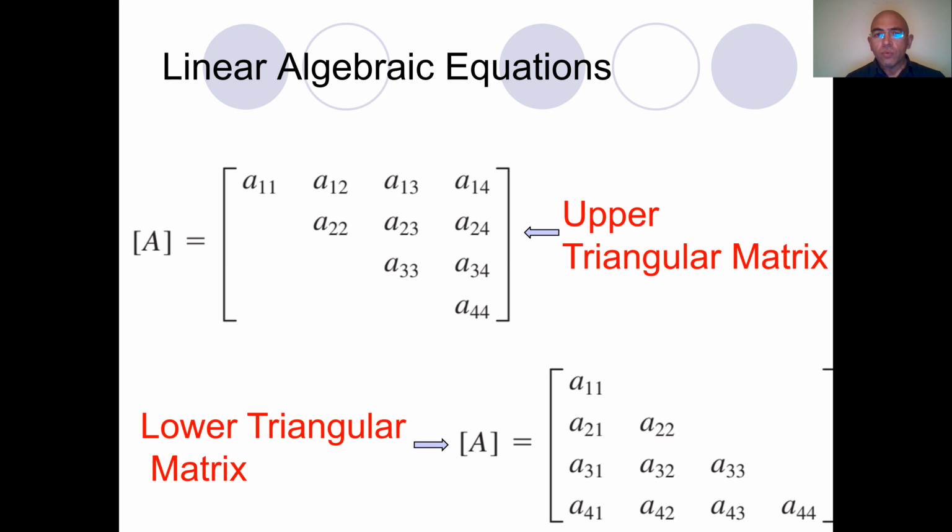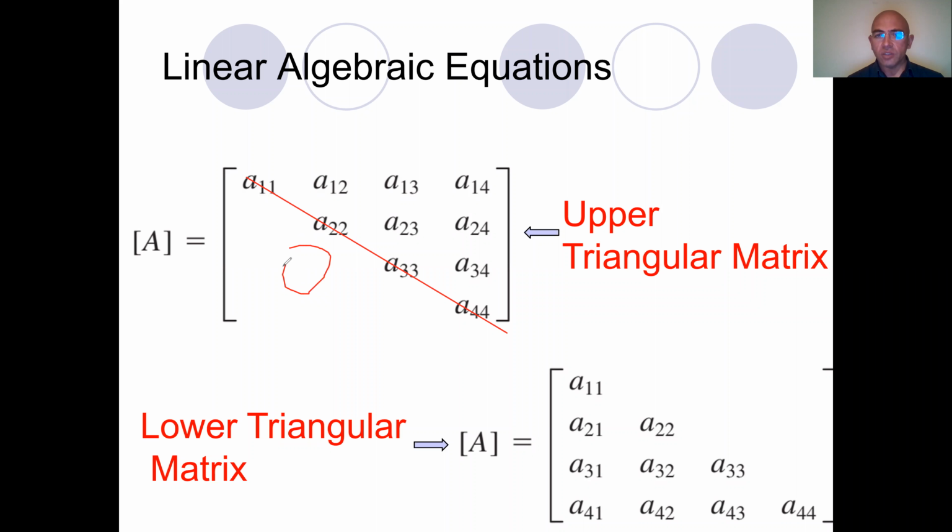Now, we may have other types of matrices. For example, sometimes we are faced with the upper triangular matrix. So what's an upper triangular matrix? When you draw a line, again, along the diagonal, the values on the upper side of the diagonal are non-zero values, and below, they are 0.